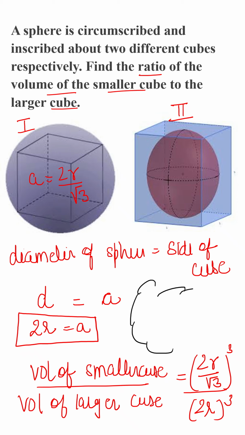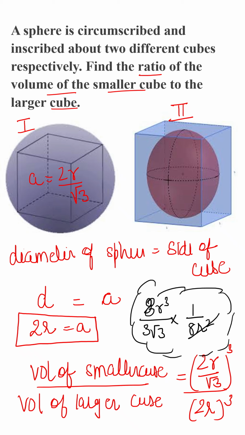So if you solve it further, it will be 8r cube upon 3 root 3 into 1 upon 8r cube. 8r cube and 8r cube will be cancelled. So we are left with 1:3 root 3 as the answer. Thank you.